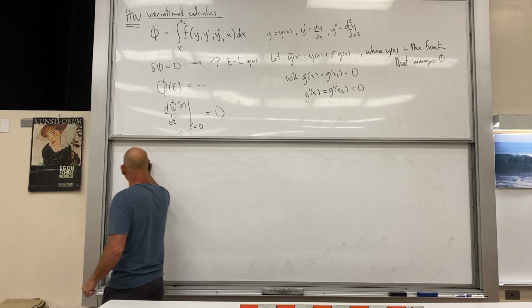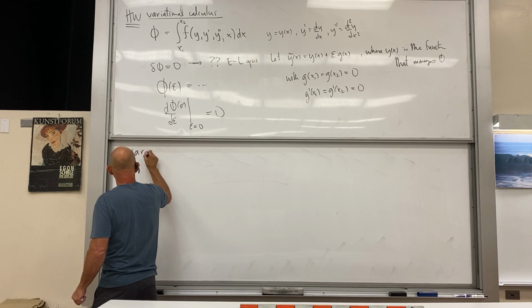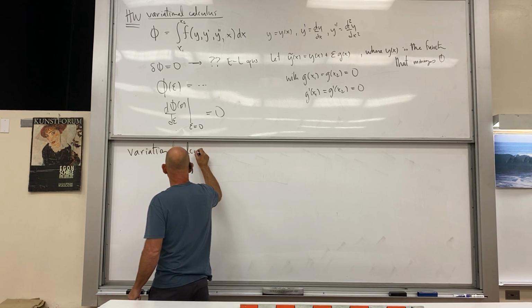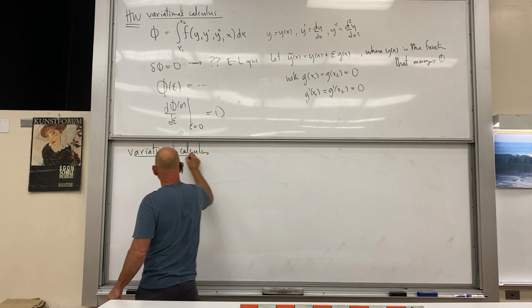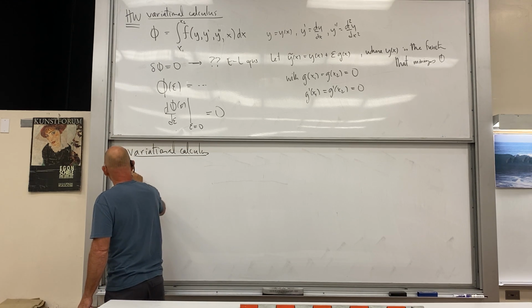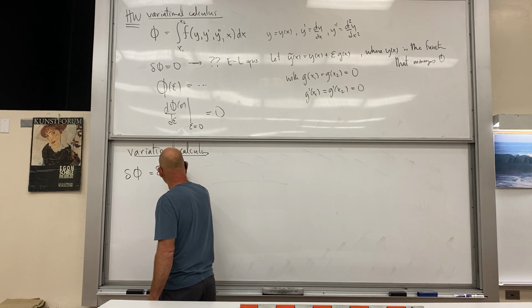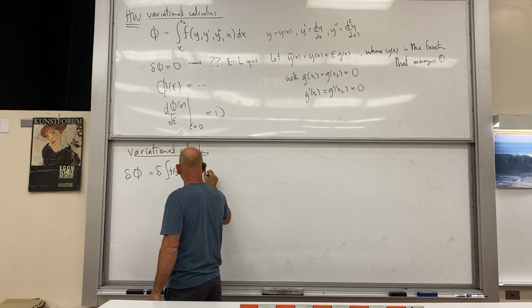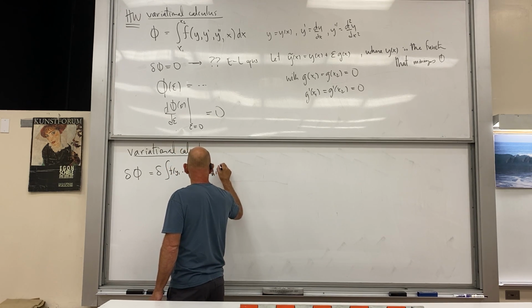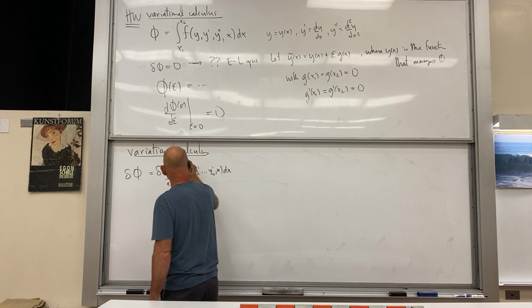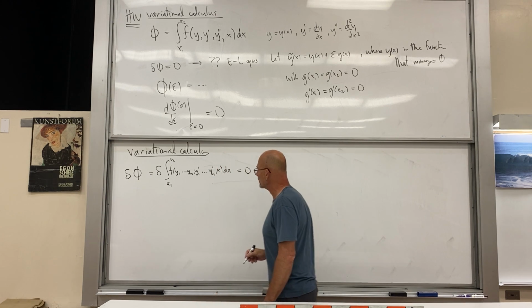So for our variational calculus, here on the left side, we had the variation of an integral of the form f of y1 to yn, y1 prime to yn prime, and x, dx, fixed boundaries, equals 0.